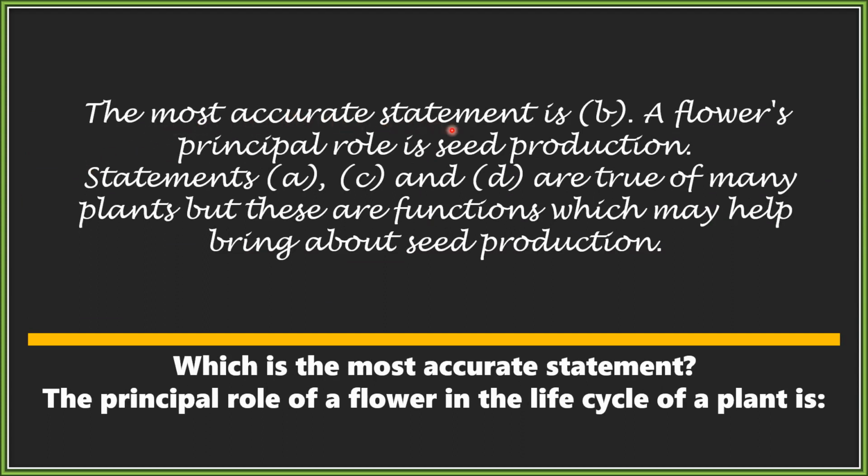The most accurate statement is B. A flower's principal role is seed production. Statements A, C, and D are true of many plants, but these are functions which may help bring about seed production.